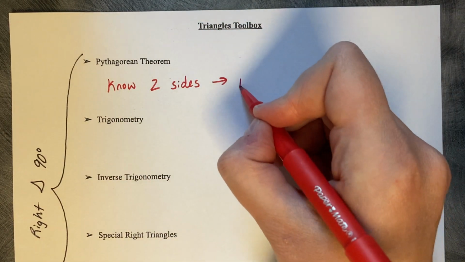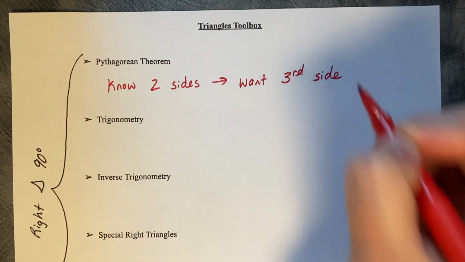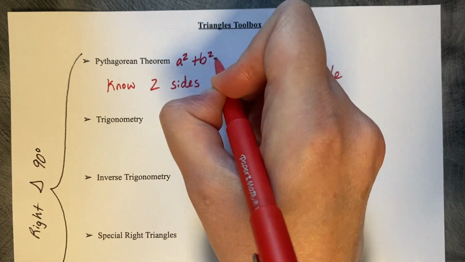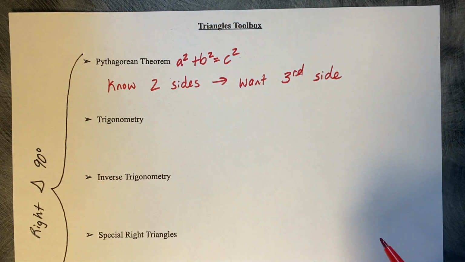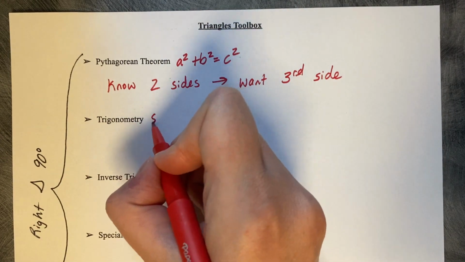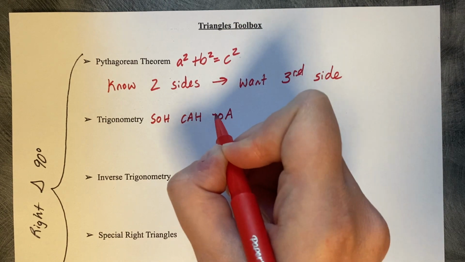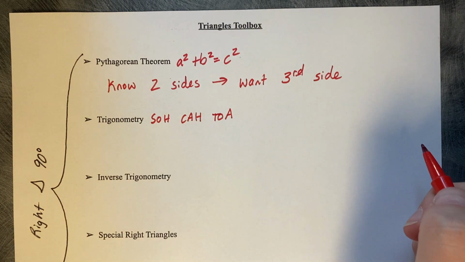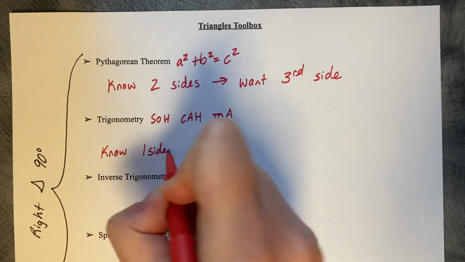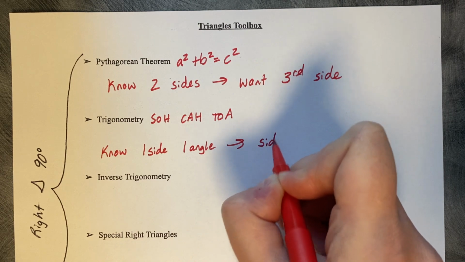What do we want? Want a third side. A squared plus B squared equals C squared. Trigonometry. Trigonometry is SOHCAHTOA. What do we know? We know one side, one angle, and we want a side.